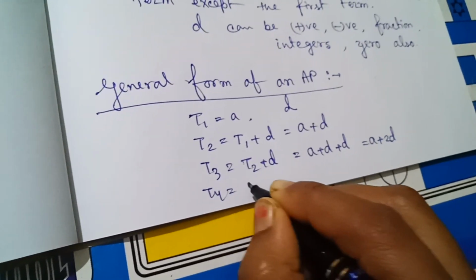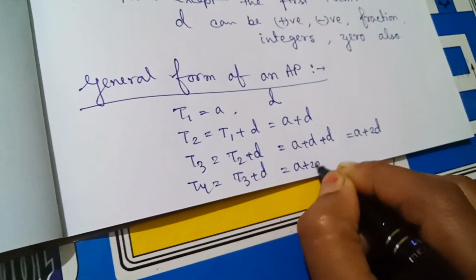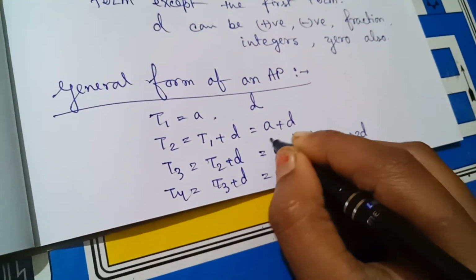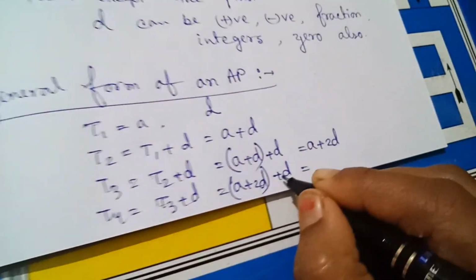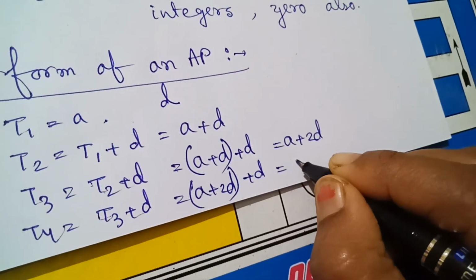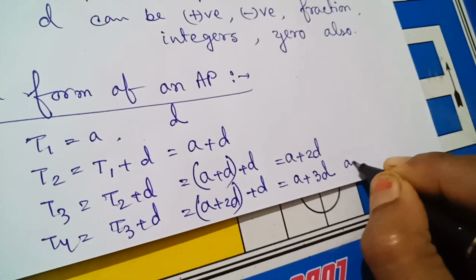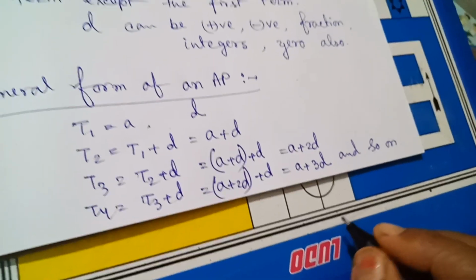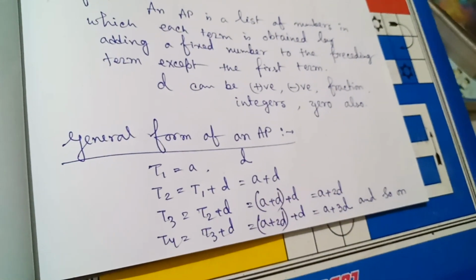T4 equals T3 plus D, that means A plus 2D plus D, that equals A plus 3D, and obviously so on.